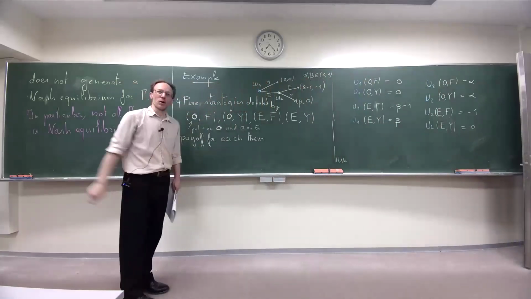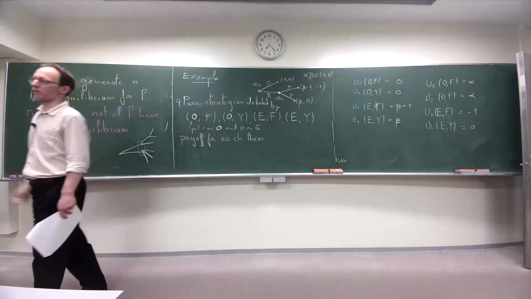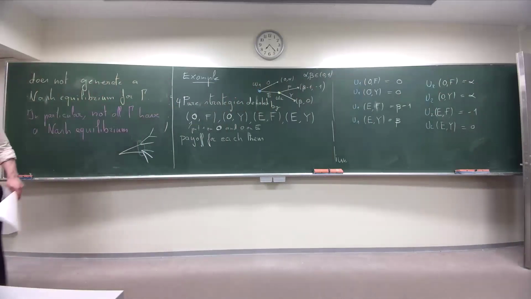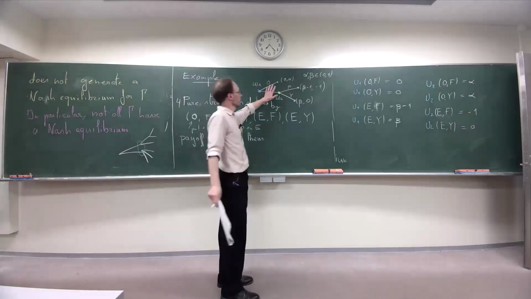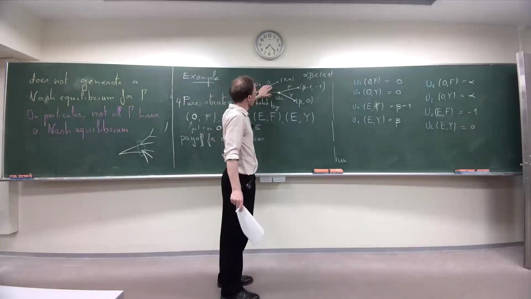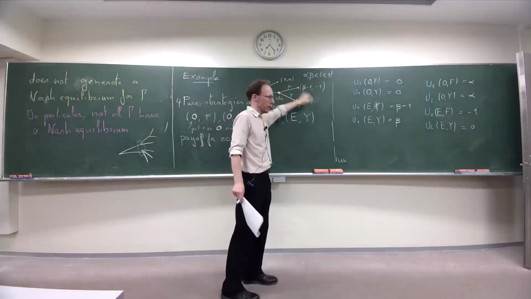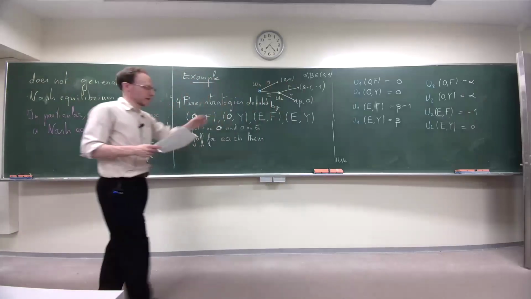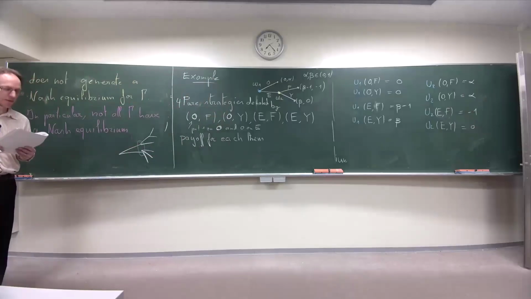It's always a sum of two terms. If you look carefully, it's a sum of two terms, where one of the factors takes into account the probability, which is either 0 or 1, and the other is the payoff. So I let you think about how to get these numbers.